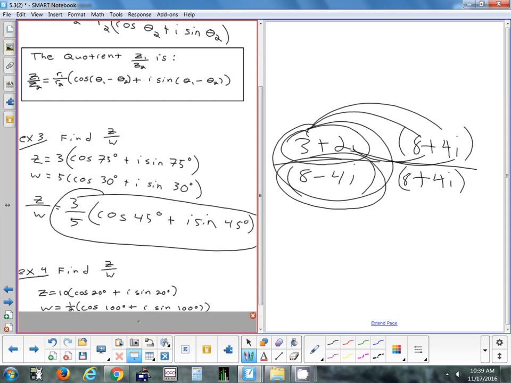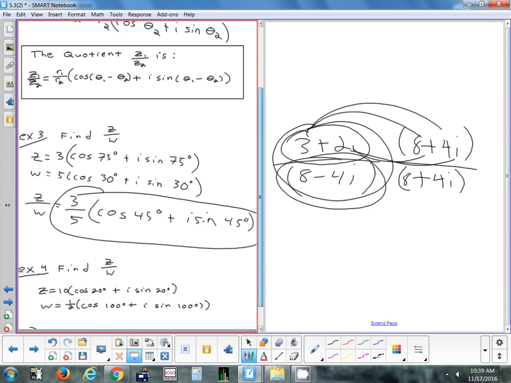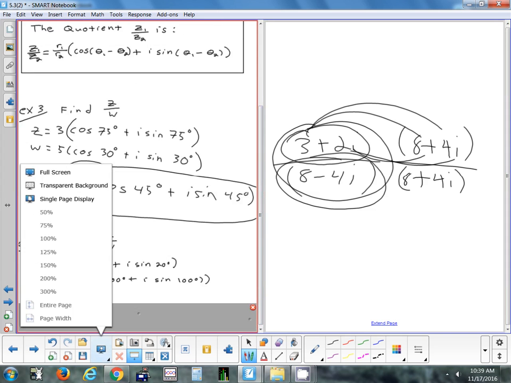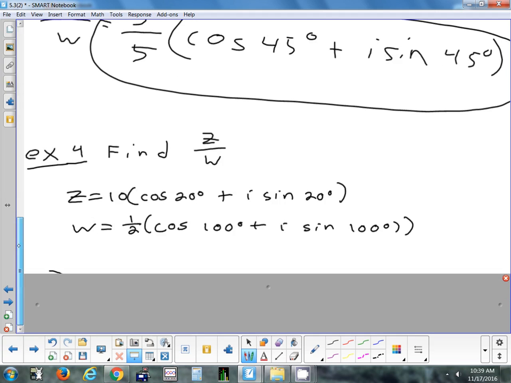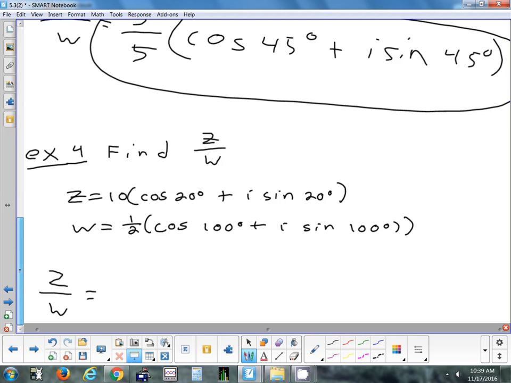All right, so we'll finish up with this one, make it a little bigger. So z is 10 cosine 20 plus i sine 20, and w is 1/2 cosine 100 plus i sine 100.